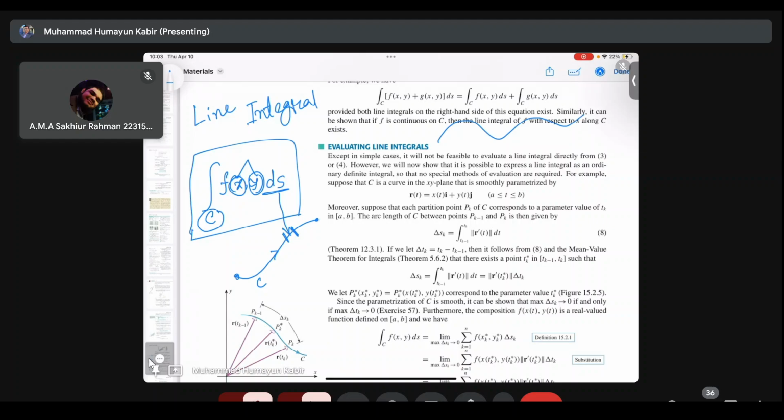I repeat, if we use parametric equations, then both x and y have to be transferred to a single variable t or something like that. Then this line integral will be a standard typical single integral with respect to one variable, so that we can find its value smoothly or easily.